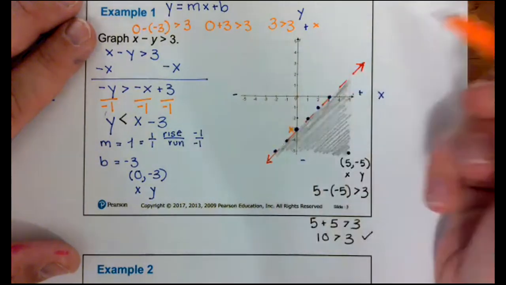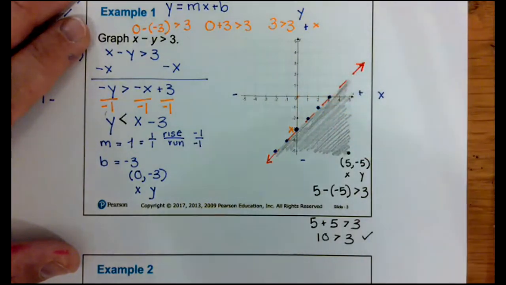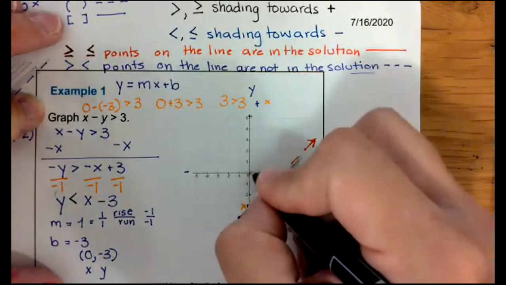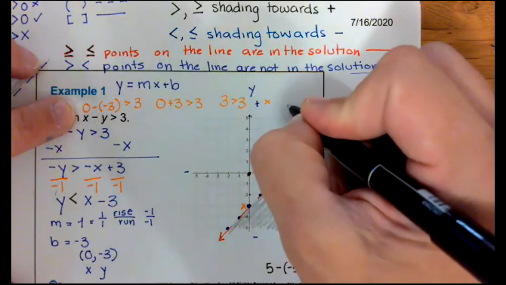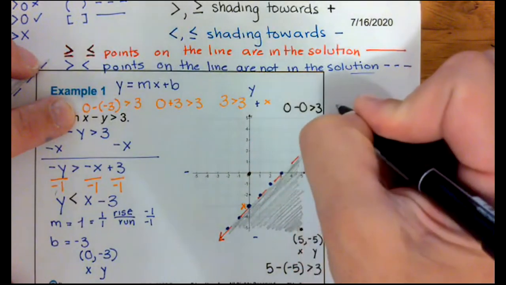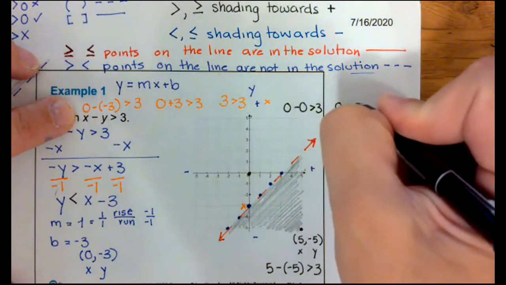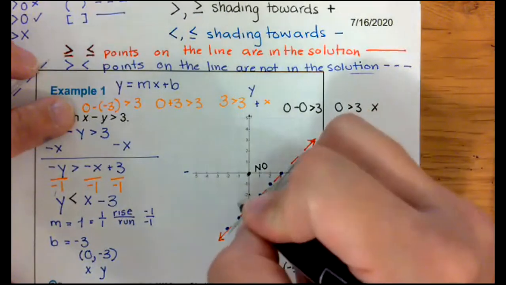And I'll just try one outside the shaded region, (0, 0). Okay? So for (0, 0), 0 minus 0 greater than 3. 0 greater than 3? No. Okay, so that's not part of the solution set.